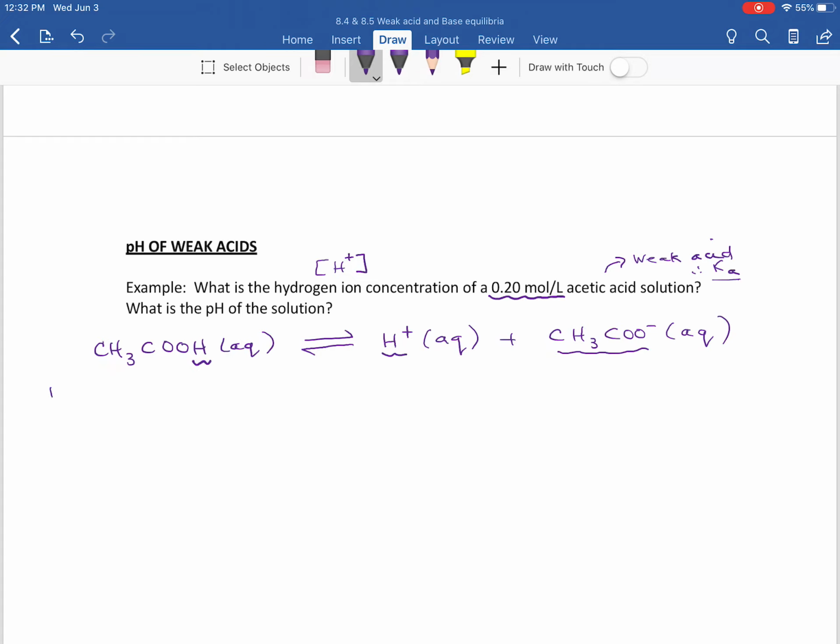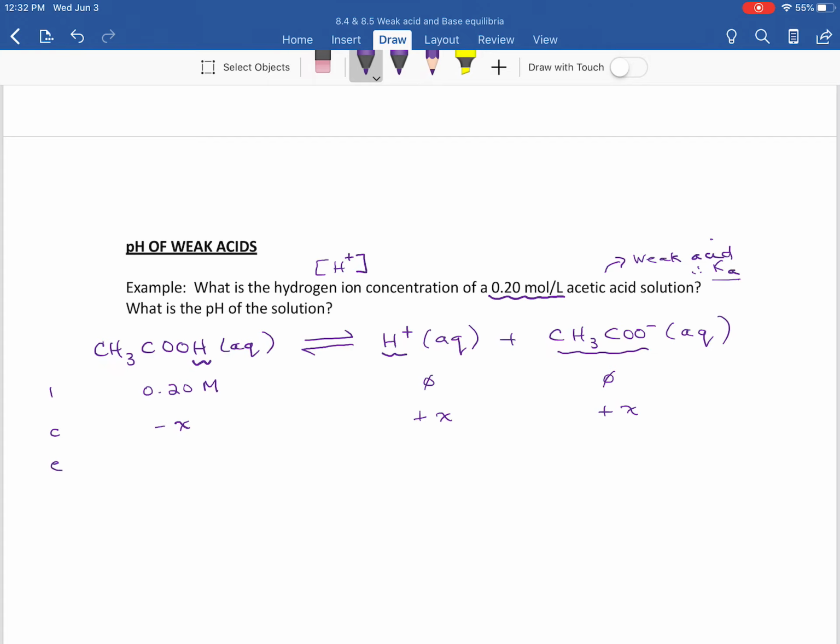My initial concentration of acetic acid was 0.20 moles per liter. Initially I have no dissociation, so 0 and 0. Then my change is, because it's a 1-to-1-to-1 ratio, negative X, positive X, positive X.